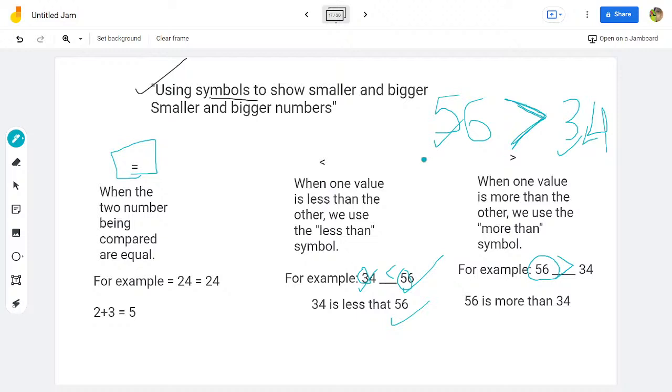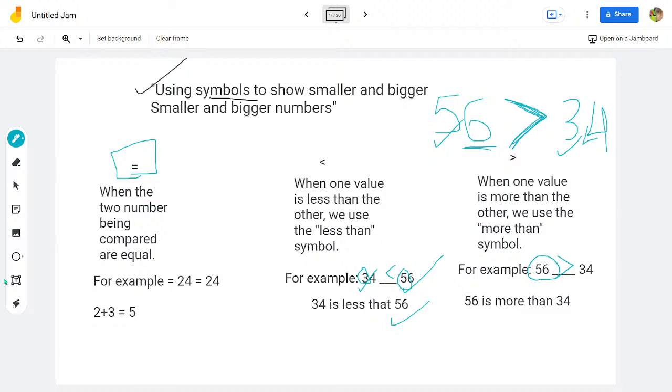Okay. Now there's one more way to look at it. जो आपका crocodile का mouth है, that always opens towards the bigger number. So 56, since it's bigger, the crocodile's mouth is opened towards 56.